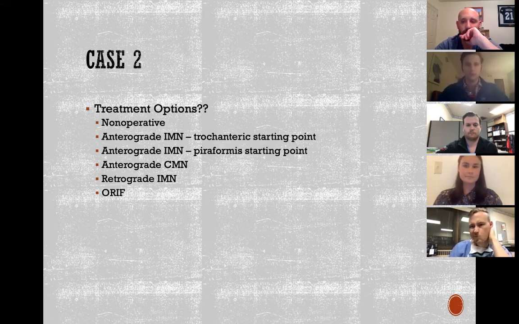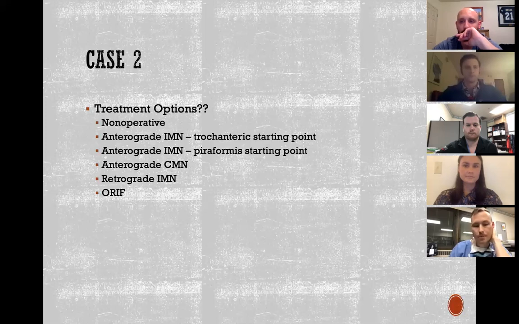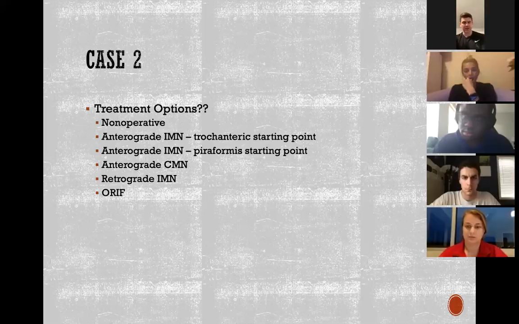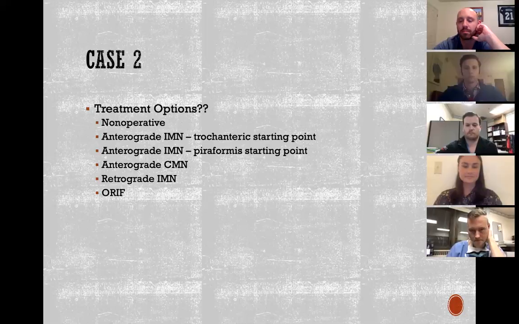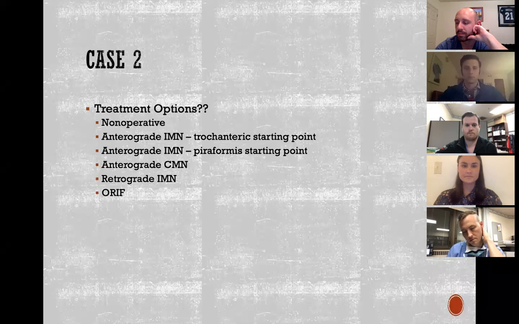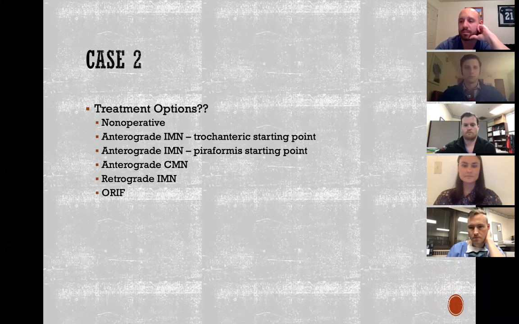Guys, oh, go ahead, Joe. Nope, I'm done. I wanted to gauge your thoughts real quick on something that came up in the chat. Someone had asked what if this fracture was a little bit more distal. We had addressed that there was no involvement at the femoral neck here, right? Somebody had mentioned if the fracture was a little bit more distal, they would want to consider a retrograde nail.